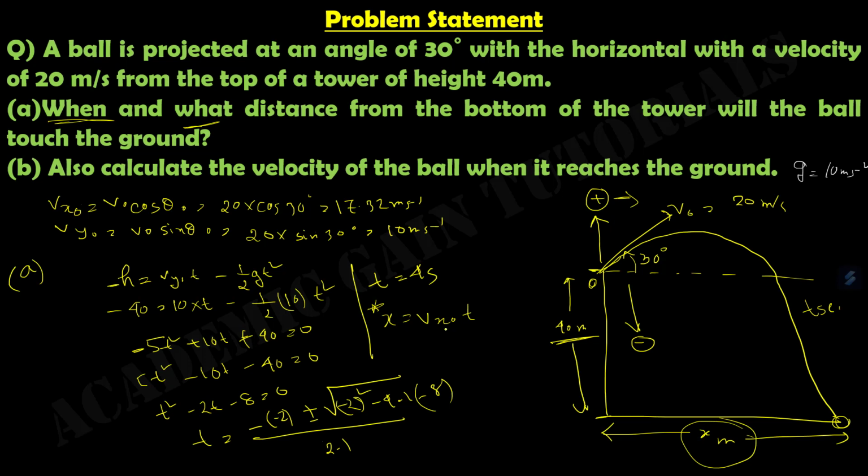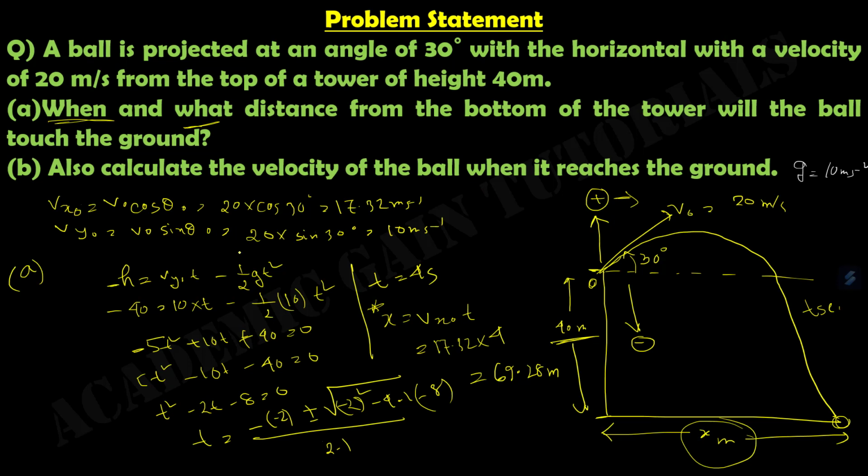The value of vx naught equals to 17.32, and the value of t, we found out, is 4 seconds. So x equals to 69.28 meters.